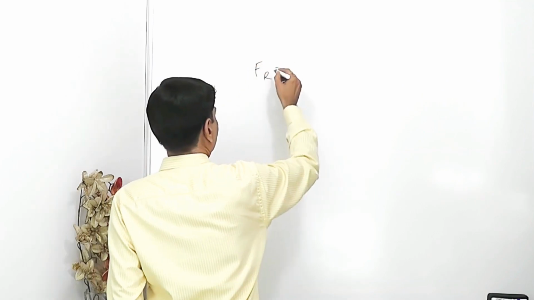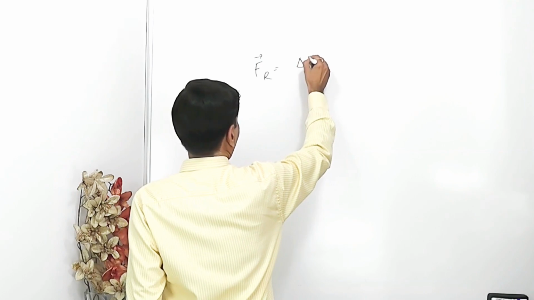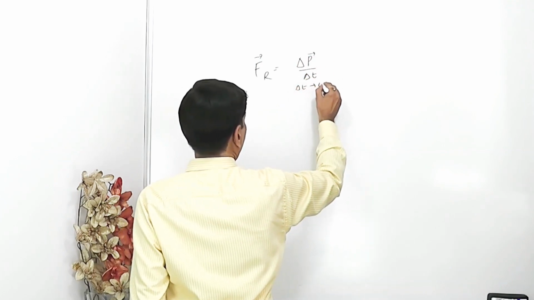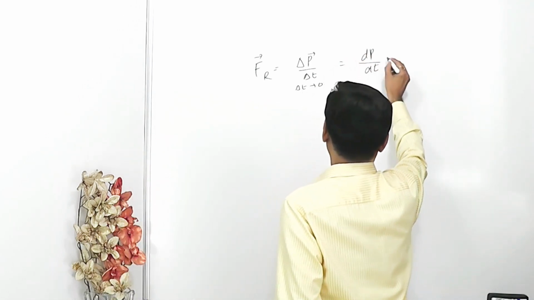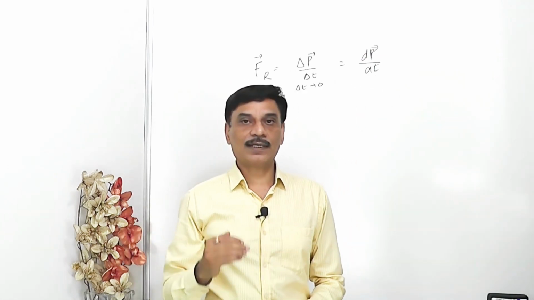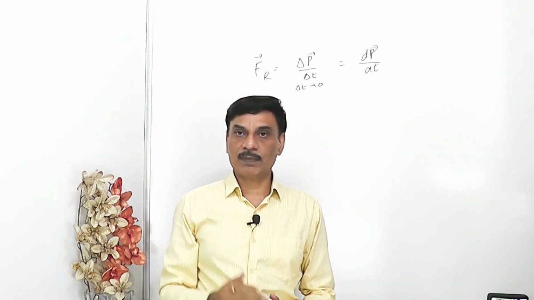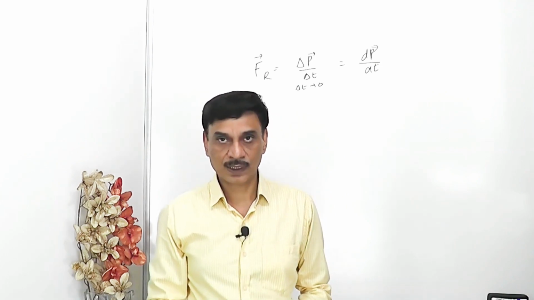We know Newton's second law of motion: F, that is the resultant force, is equal to delta P by delta T, the rate of change of linear momentum, as delta T tends towards 0. In terms of calculus, we write it as dP by dt: the rate of change of momentum is equal to the resultant force, or unbalanced force, or net force on that body or system.